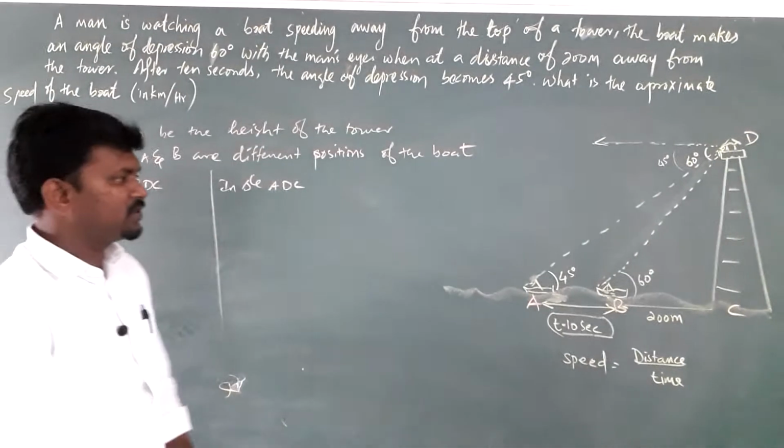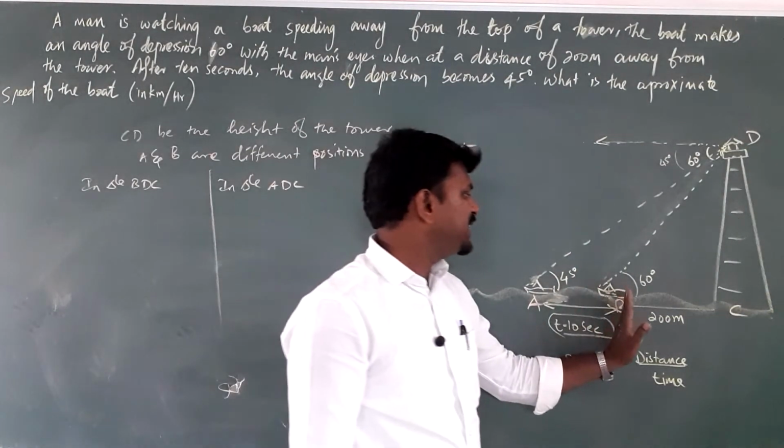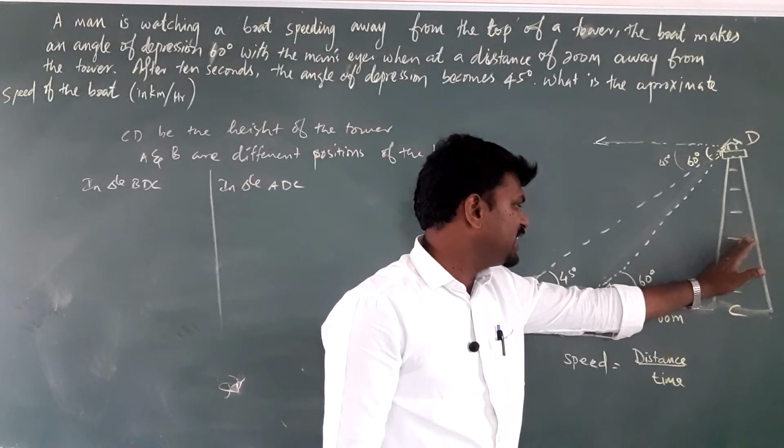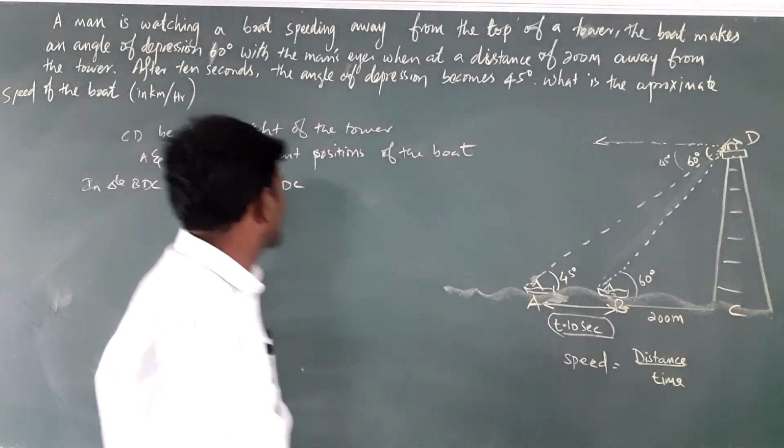In triangle BDC and in triangle ADC. So here see, in BDC the given angle is 60, this is the opposite side, then this is the adjacent side. So tan 60 is equal to opposite side CD by adjacent side, bottom 200.